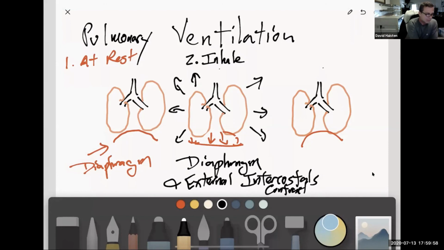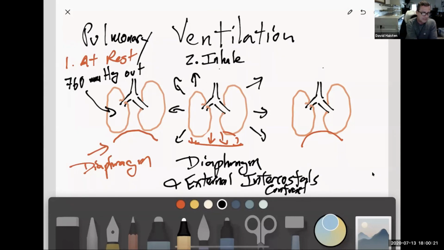So at rest, atmospheric pressure was 760 millimeters mercury. And don't remember that number. Outside, and it was the same. So it's out and in. The pressure is the same in your lungs and out. You're not inhaling, you're not exhaling.